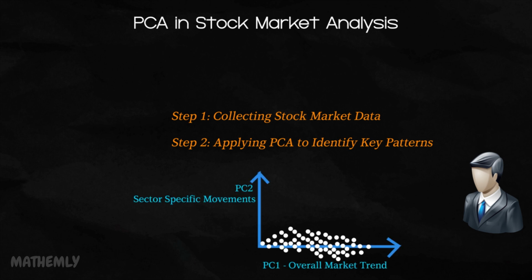For example, PC1 might represent the overall market trend, whether the market is going up or down. PC2 might capture sector-specific movements, such as tech stocks versus healthcare stocks. By focusing on just a few principal components instead of analyzing every stock separately, investors can spot trends faster and make more informed decisions.